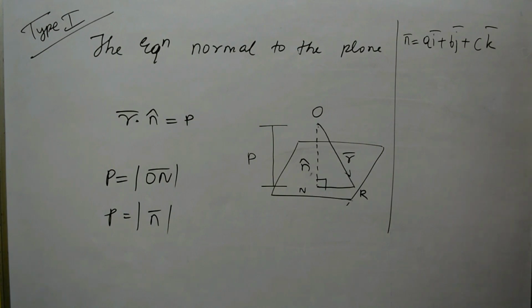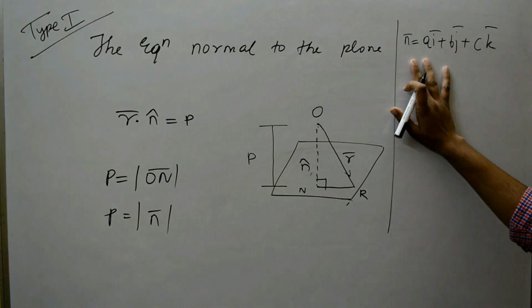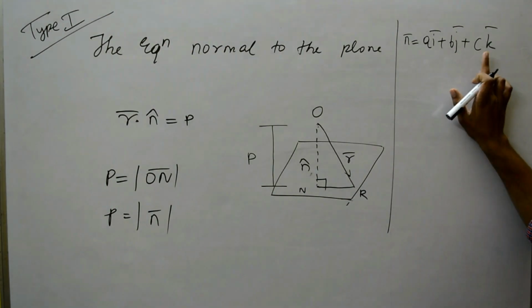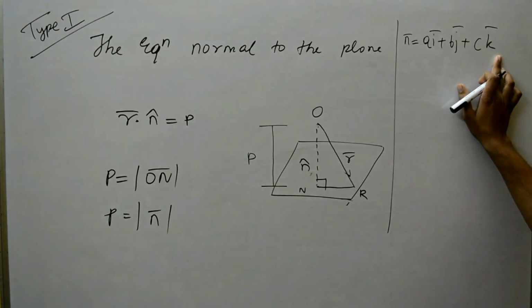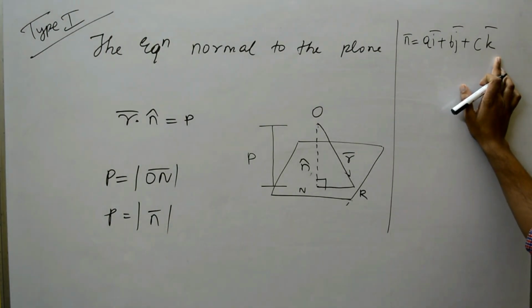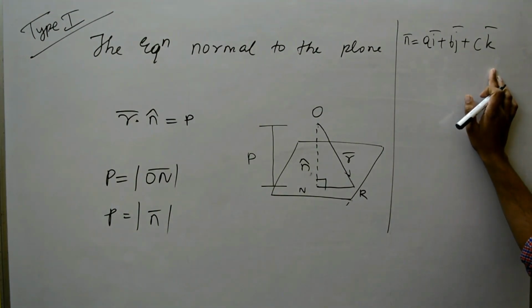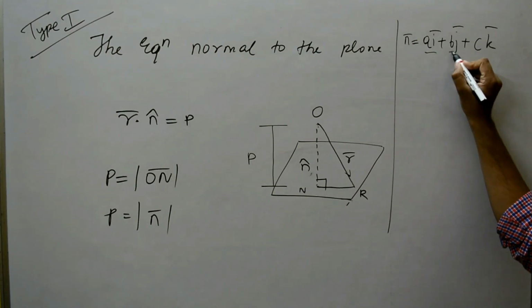The first remark is this: if n bar is equal to ai bar plus bj bar plus ck bar be the vector normal to the plane, then the direction ratios of the normal to the plane are a, b, c.